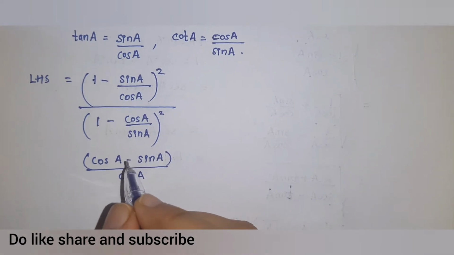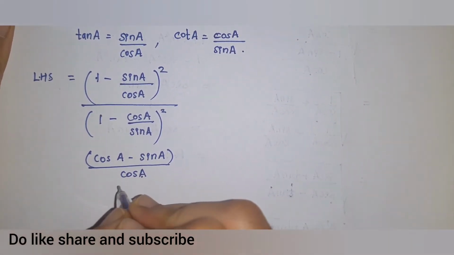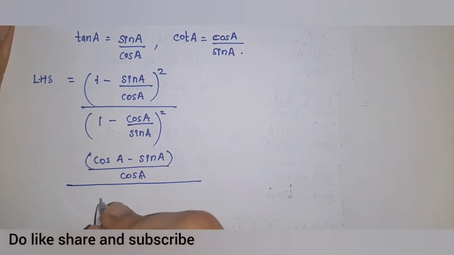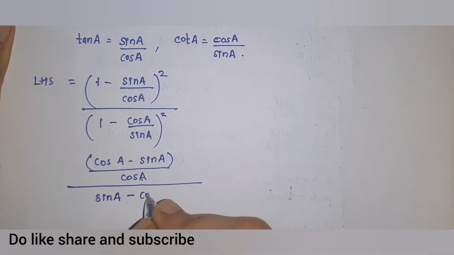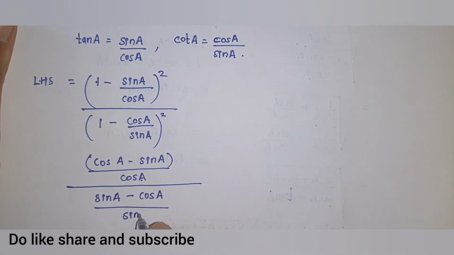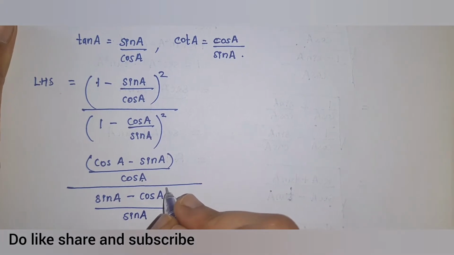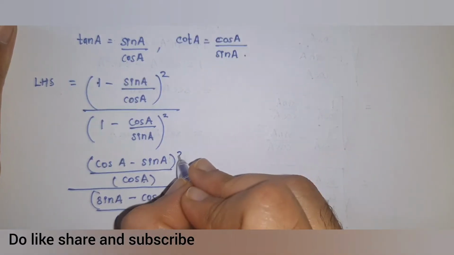So this cos A comes in the denominator. Now moving ahead, completely divided by (sin A − cos A) divided by sin A. Each bracket term is squared.